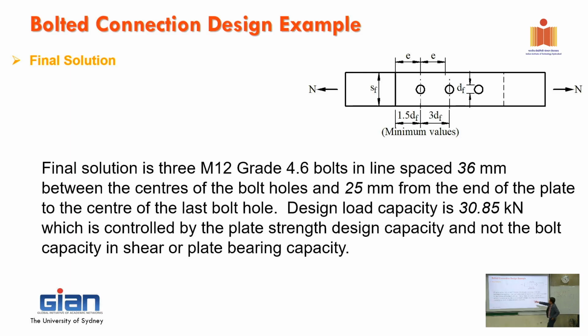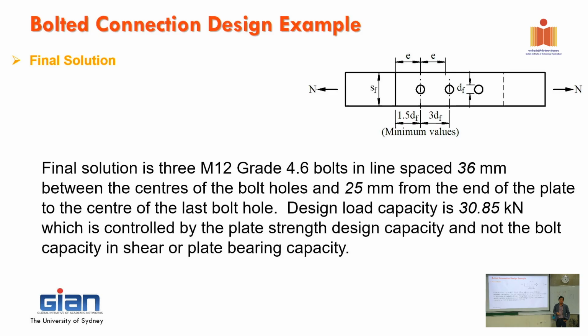So the final solution is 3 M12, 4.6 normal strength bolts, with a spacing of 36 millimeter between the center of the bolt holes, and 25 millimeter from the edge. And it's controlled by the plate strength design, okay?